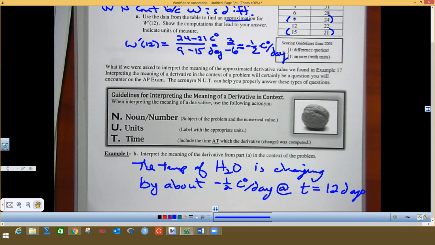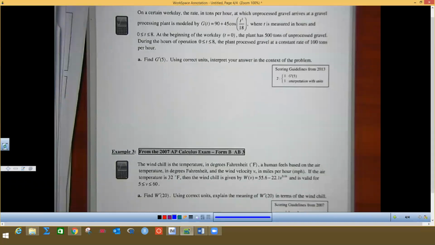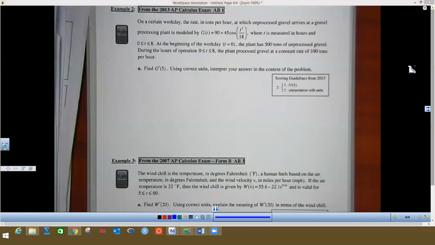Okay, we're going to go on and do another one of these. Over here on this side, we're going to do this problem. And by the way, these are all AP test questions from old tests. If you look, it tells you this is question 13, AB, open-ended problem.